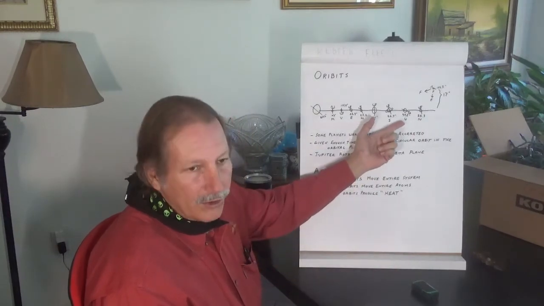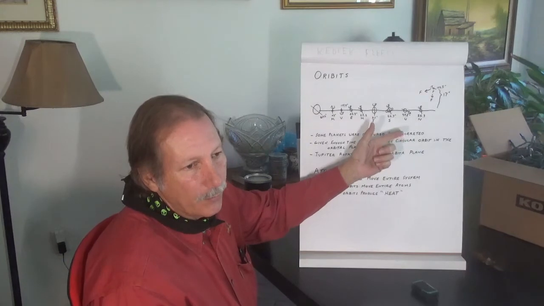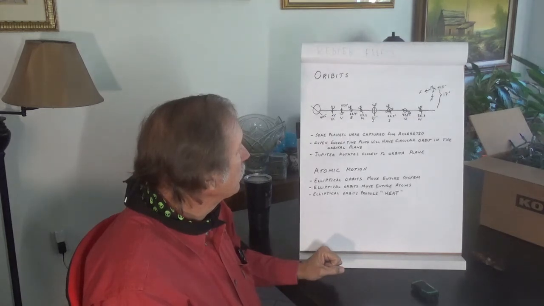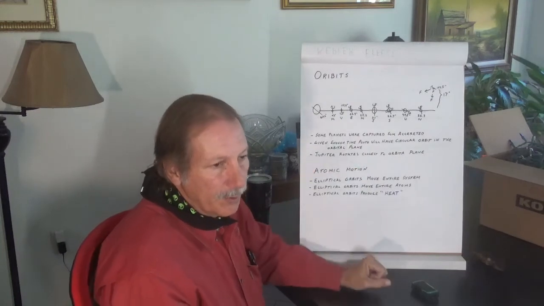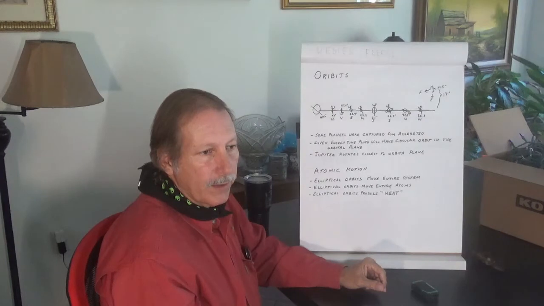Uranus was captured and had that spin originally when it was captured. The other one is that if elliptical orbits were stable, it looks to me like all the orbits in the solar system and the moons would all be elliptical.